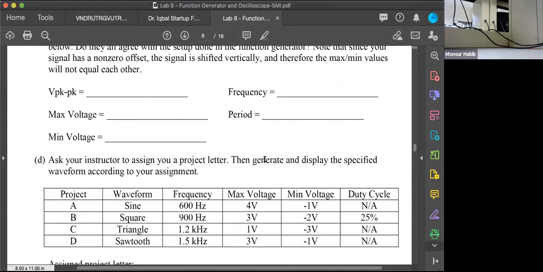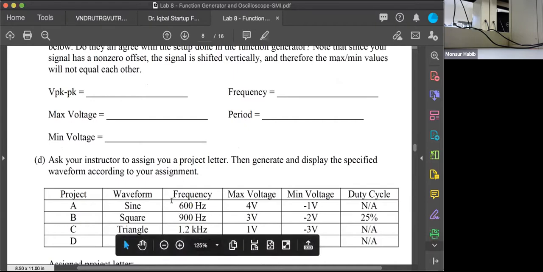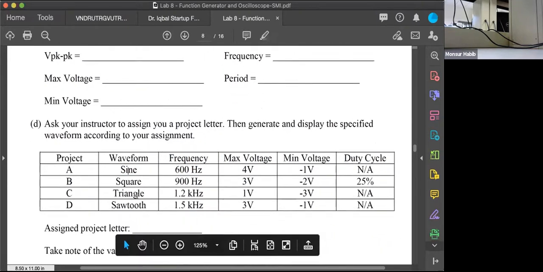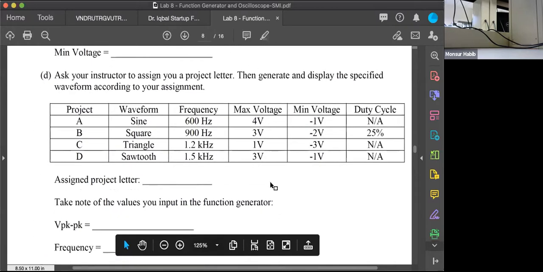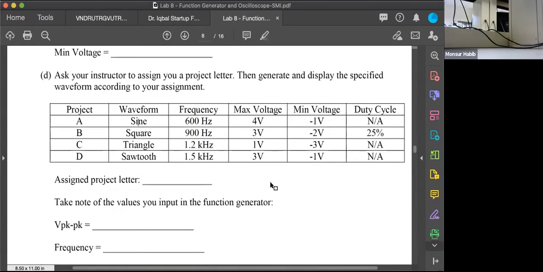Different students did different projects, but the idea is that we would set frequency, sine waves, max and min voltage and duty cycle, and then see what signal comes on the oscilloscope through your circuit.